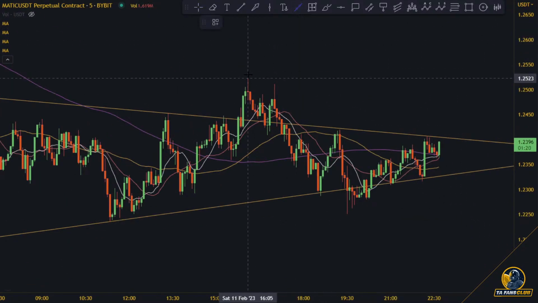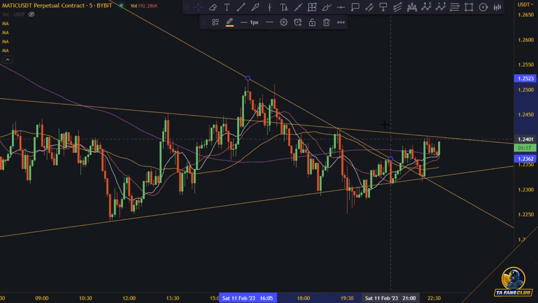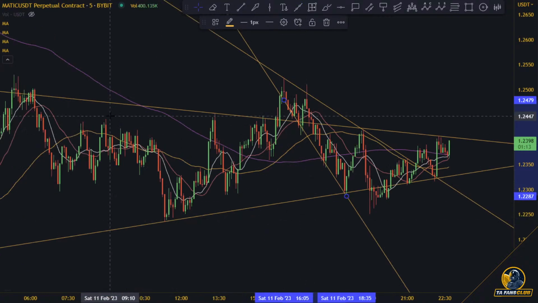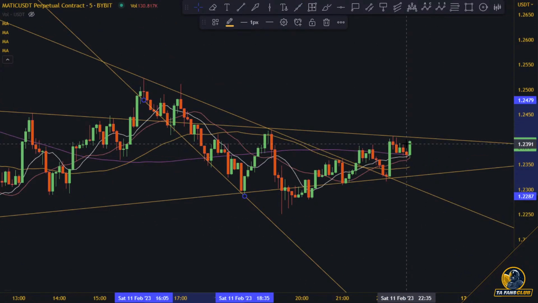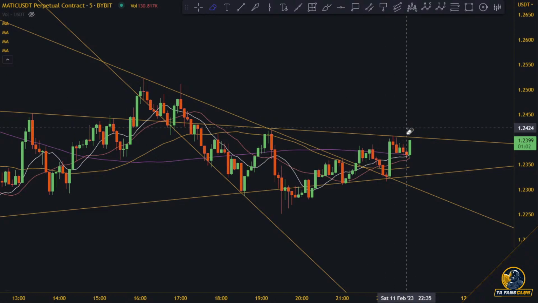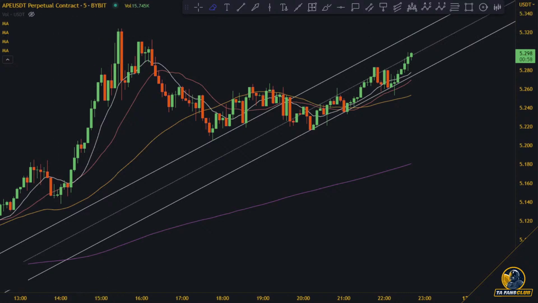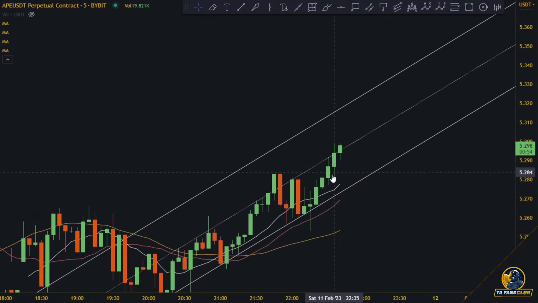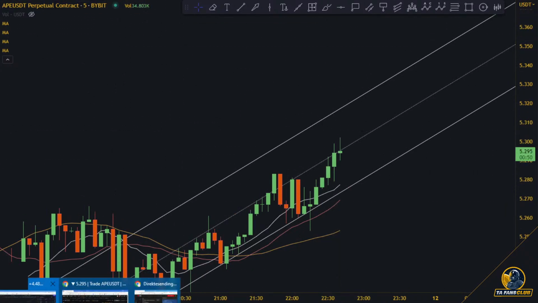So there was an expanding channel over here, inside the triangle, and right now you're at the top of the triangle. If this breaks towards the upside and doesn't pump, then you know something is wrong. I don't see how you can survive this, because these candles up here, yeah, there we go, wicked out.